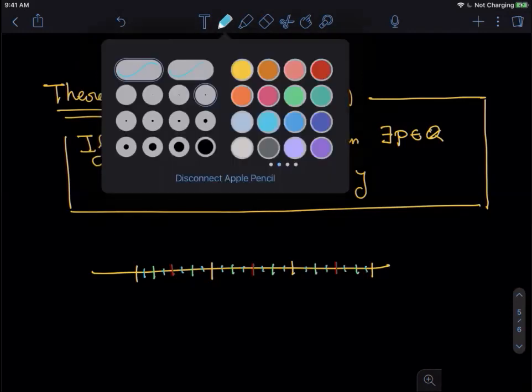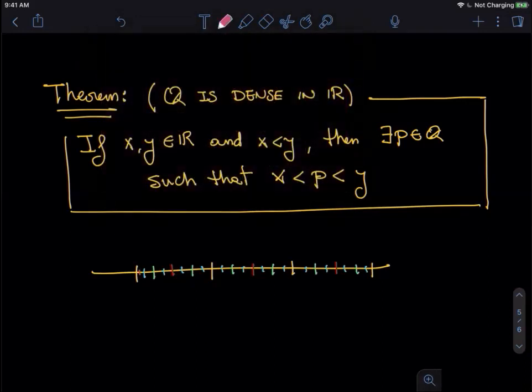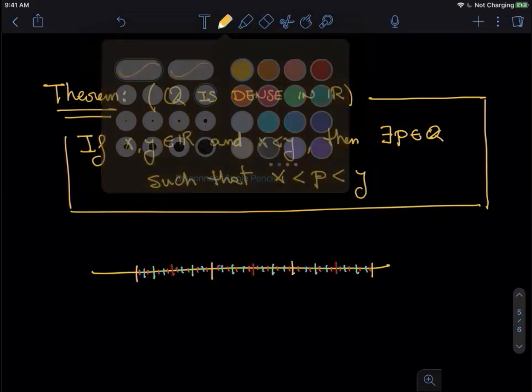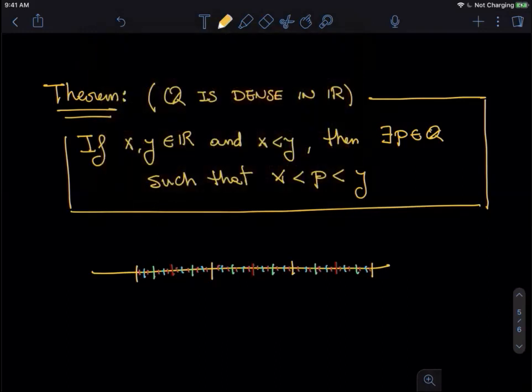You see what is happening? Let's do one more time. All these real numbers, we can find rational numbers in between. So what does this mean? That means that in the real line, the rational numbers are everywhere. Wherever you look, you will have infinitely many rational numbers completely intertwined with the irrational ones. So that's the density.